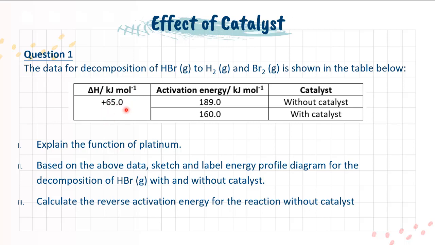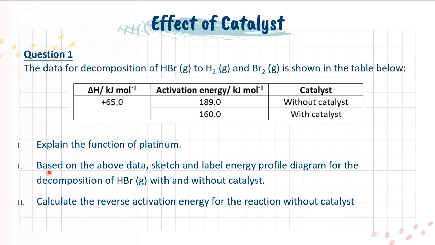Energy is absorbed. And then you're given activation energy 189 and 160 without catalyst and with catalyst. So first, explain the function of platinum. This platinum is actually your catalyst. Platinum will increase the rate of reaction by providing an alternative pathway with lower activation energy. Okay, you can refer to the notes.